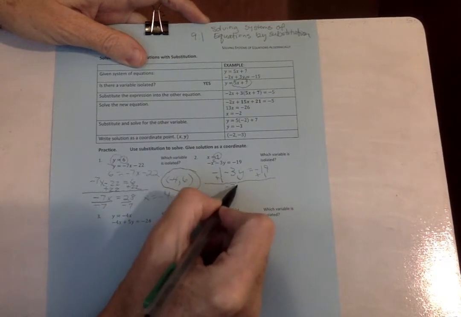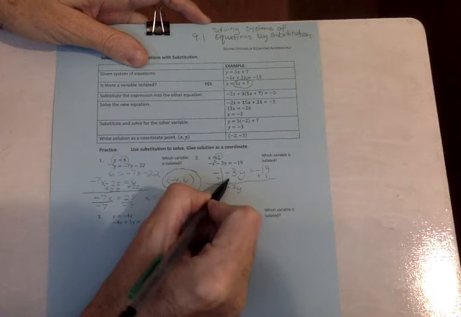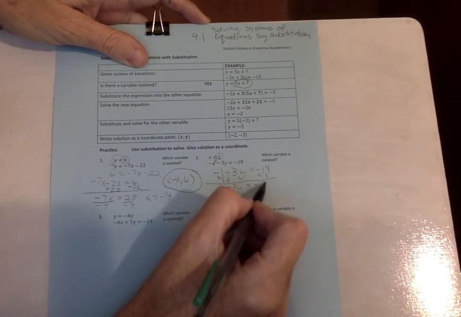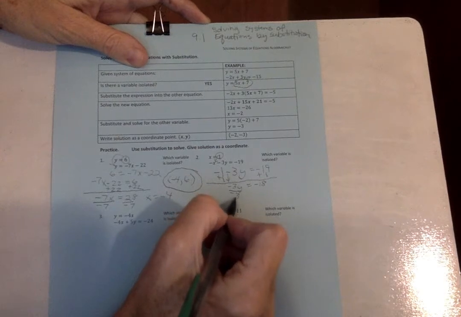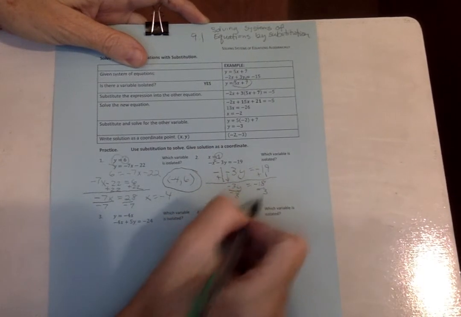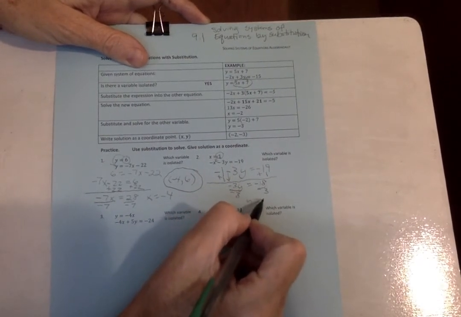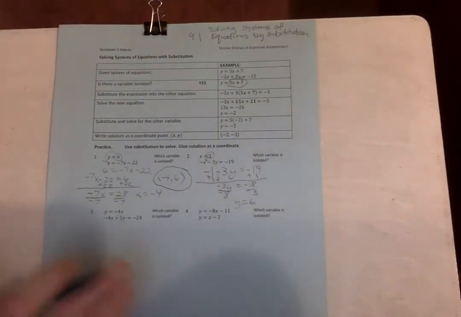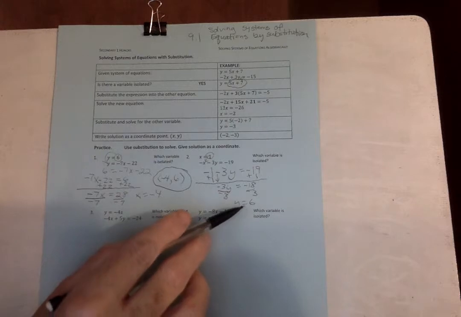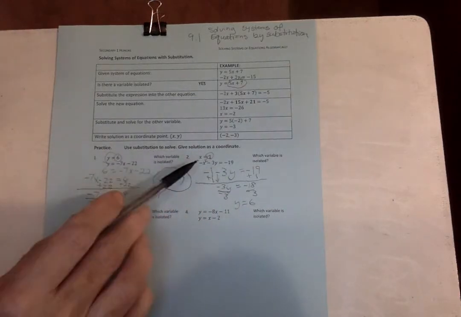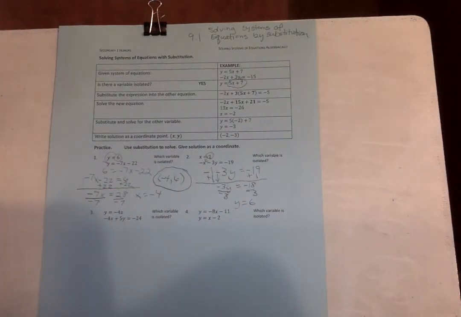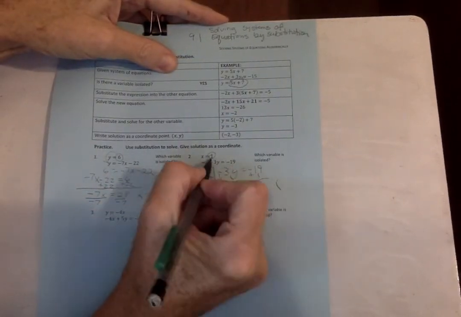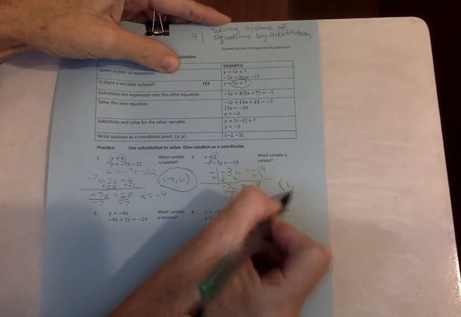Negative 3y, again, don't forget the minus sign, becomes negative here, equals negative 18. Divide by negative 3, and y equals 6. Okay? So when we put our ordered pair, generally we would have to plug this back in, but it's really nice here because it tells you x equals 1. So our ordered pair would be x is 1, and y is 6.